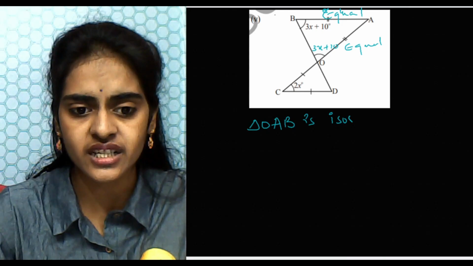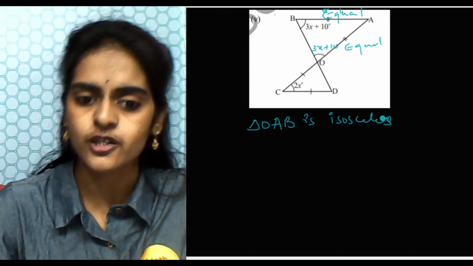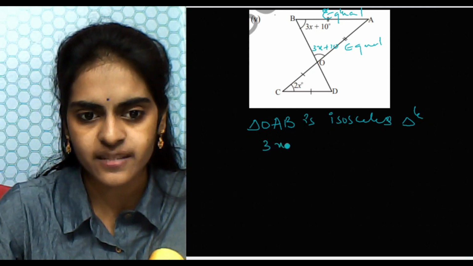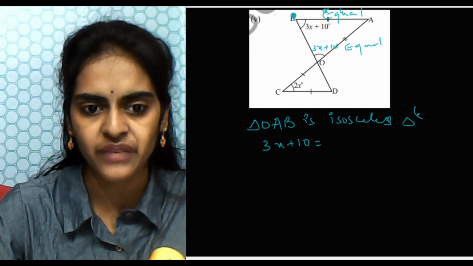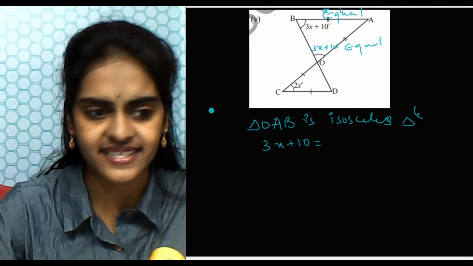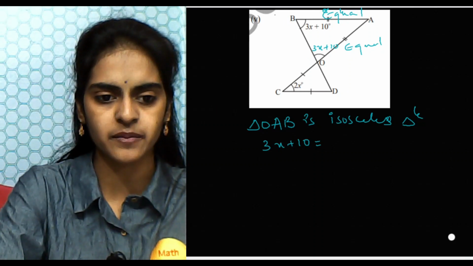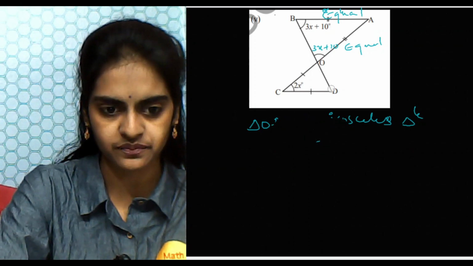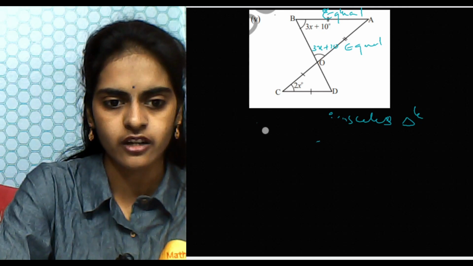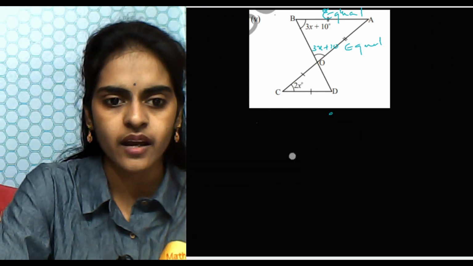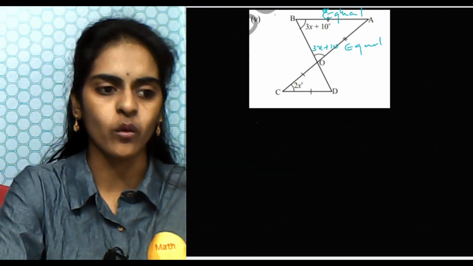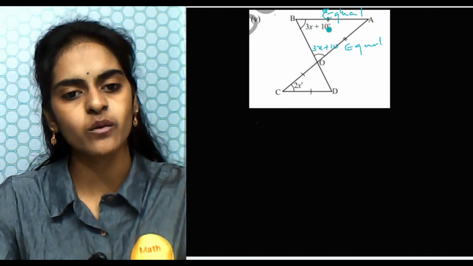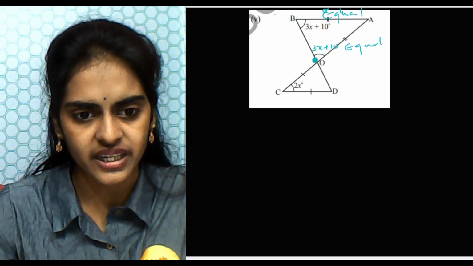Okay, so here you can see triangle AOB is which triangle? It is an isosceles triangle. So when it is an isosceles triangle, you can see that 3x plus 10 is equal to, let us write the angle so that it will be clear for you. So you can see angle ABO, this angle, is equal to angle AOB, this angle.